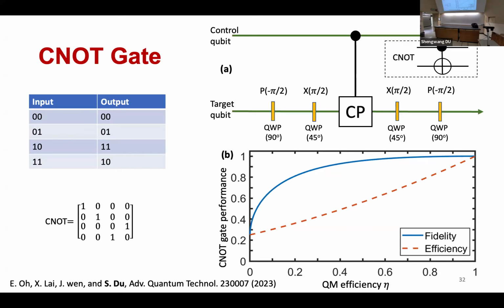This is different from single atom or superconductor qubit quantum computing, because there, for example with a superconductor qubit, even if something is wrong, the qubit is still there. Sometimes you don't know whether it's wrong, and that's why you make a mistake. But here, if the photon gets lost, it's lost, and you know it's wrong. This helps improve the fidelity. It's different from other systems.